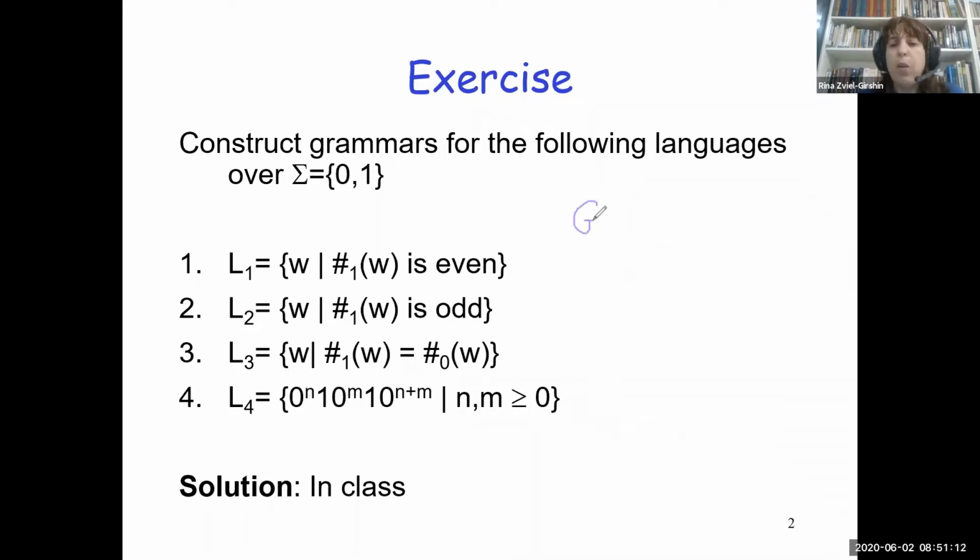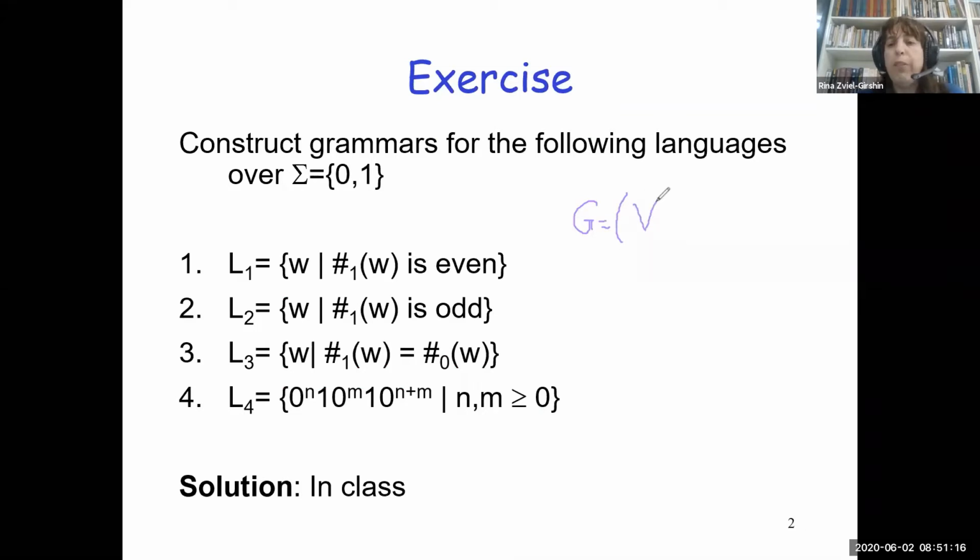Grammar from our point of view is a four-tuple where we have V, variables. For variables we use large letters of the Latin alphabet. We have terminal symbols, and we use the notation sigma.